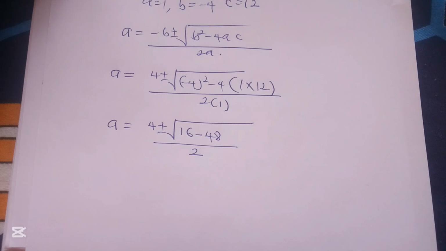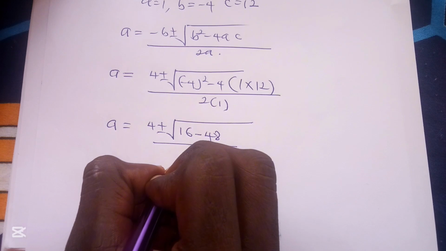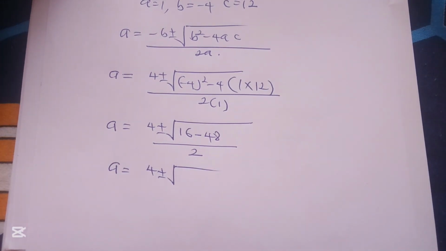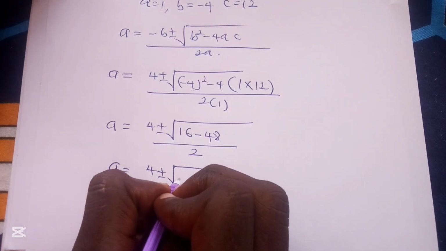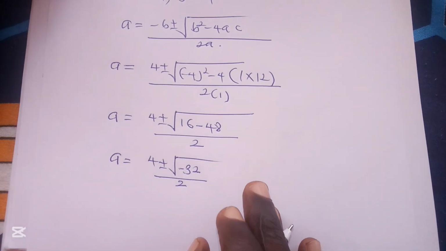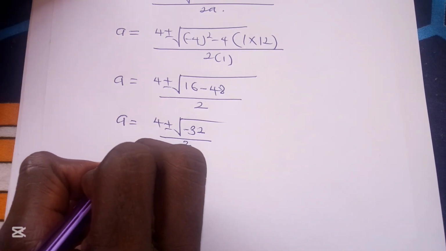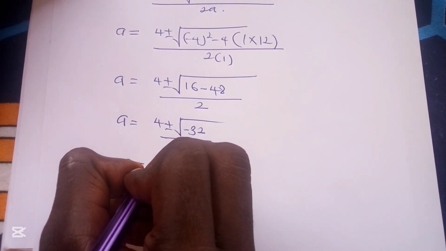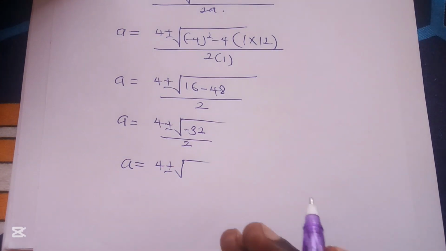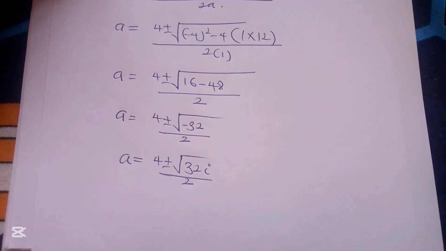Now a becomes 4 plus or minus the square root of 16 minus 48, giving you minus 32. Now since this one is a complex number, this automatically becomes 32i, divided by 2.